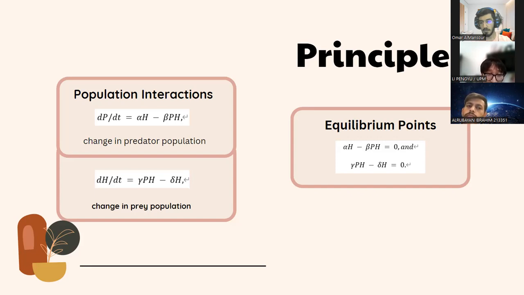We set the rate of change of predator and prey populations to 0 to achieve balance conditions. This results in two conditions: alpha H minus beta P H equals 0, and gamma P H minus delta H equals 0. And next page.